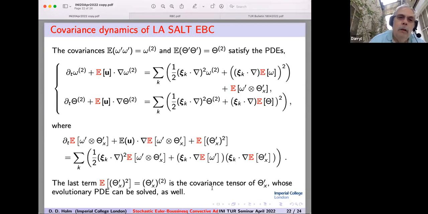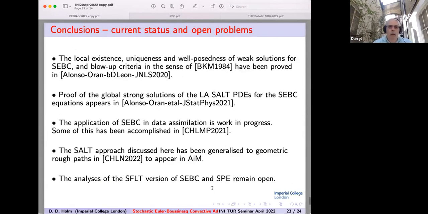So this means we can calculate the covariance dynamics for the LA salt Euler-Boussinesq convection.